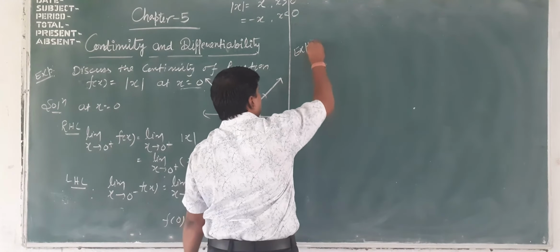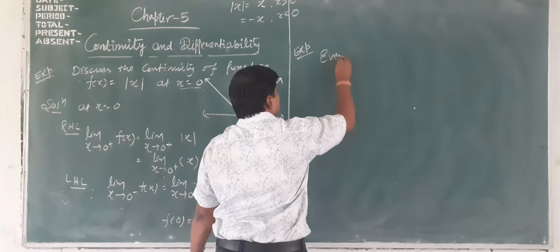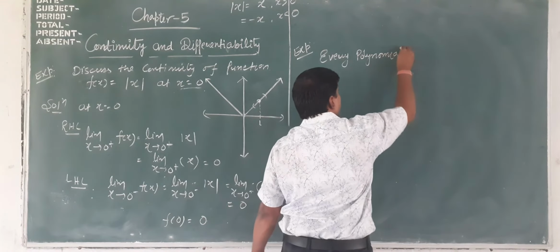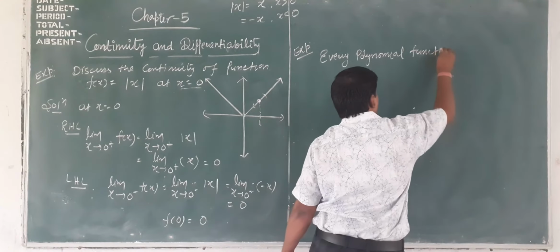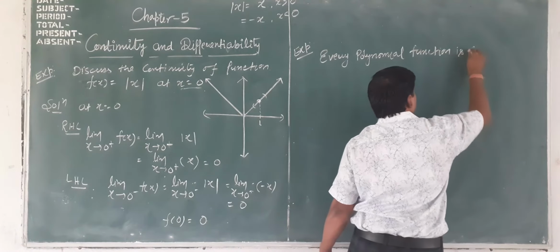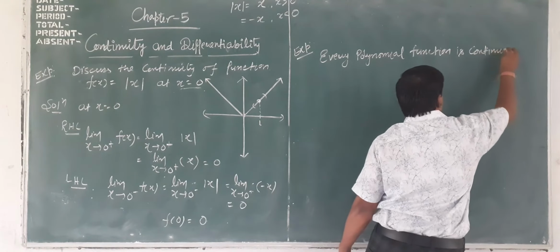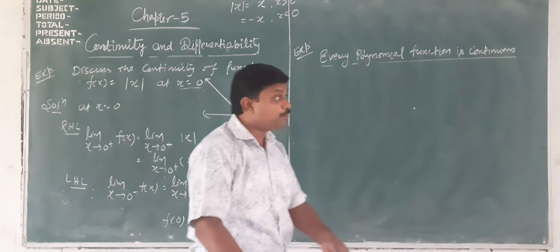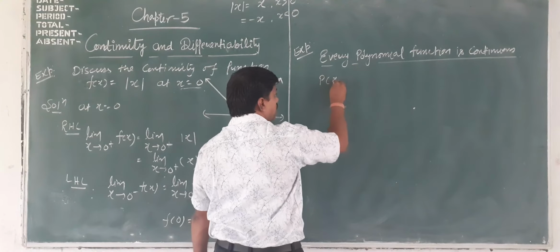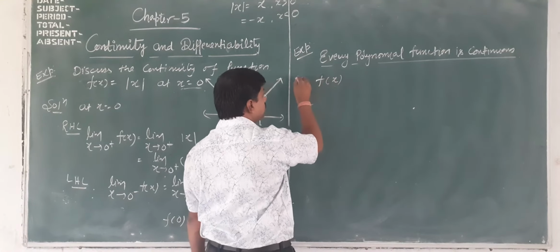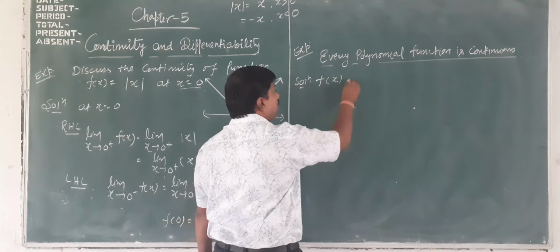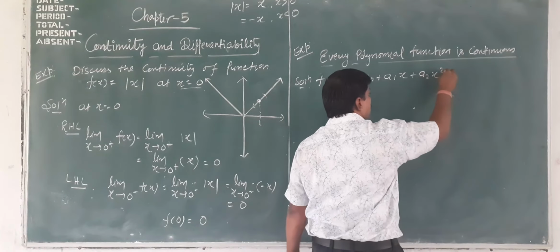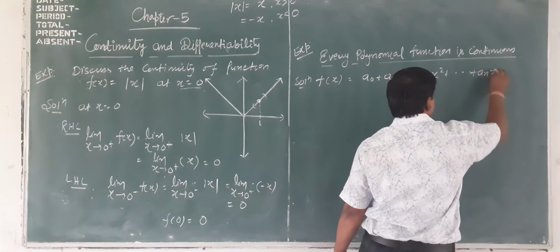Example: every polynomial function is continuous. Suppose we are taking a polynomial p(x) or f(x), no problem: a0 plus a1x plus a2x square plus ... plus an x to the power n.